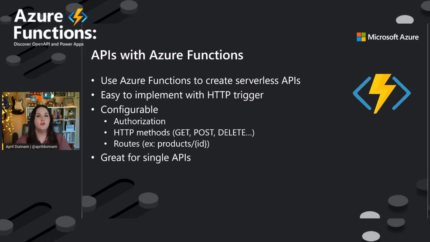They're configurable with authorization, your HTTP methods and routes, and they're great for single APIs. If you just have an endpoint where you want to post an image to, have it convert to a base64 image and upload it to Azure Blob Storage, or some kind of simple transactional thing like that, Azure Functions are really great for that.